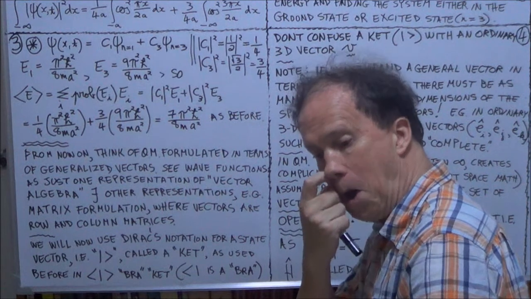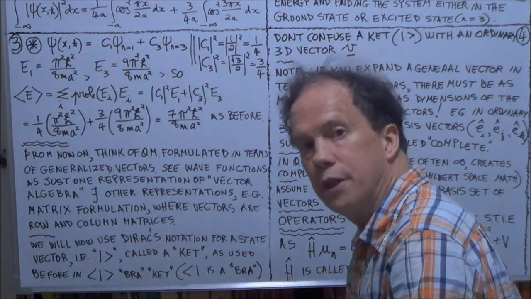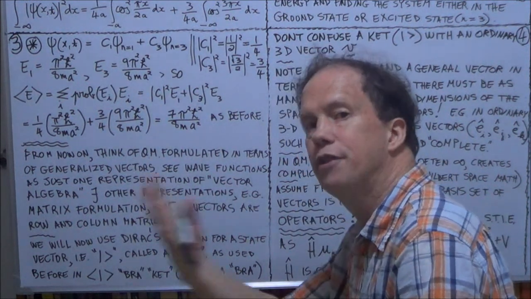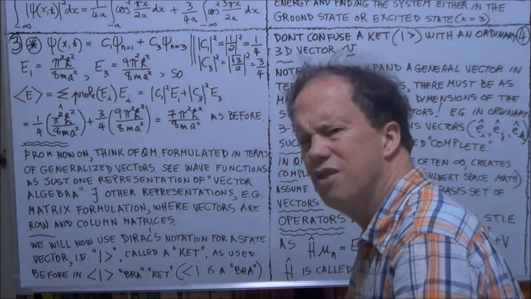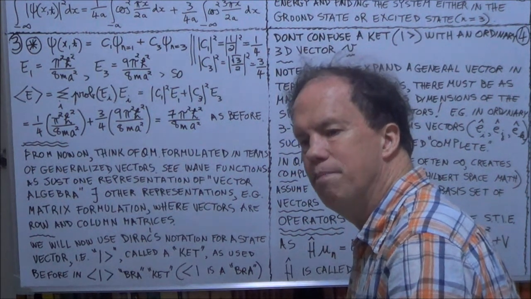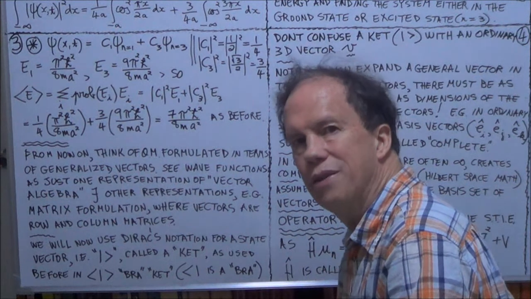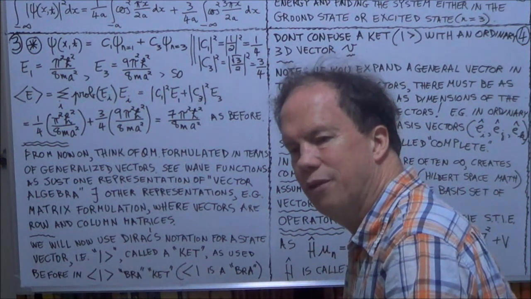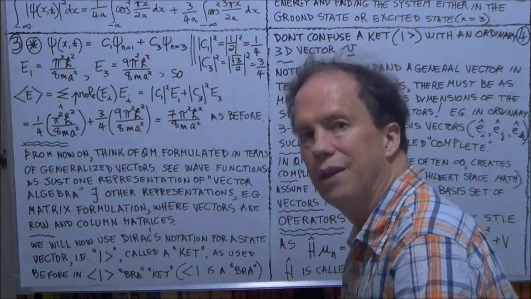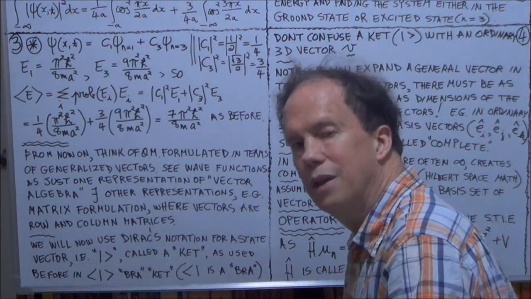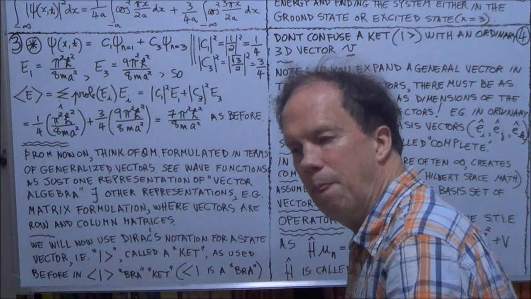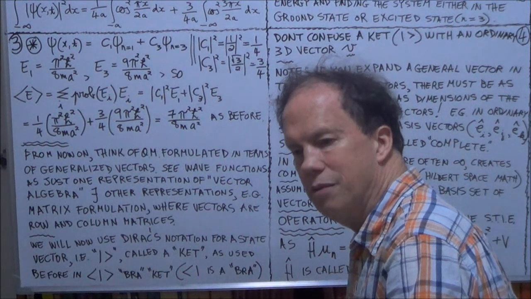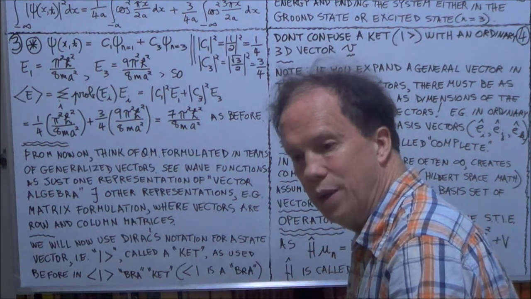If you look at the history of the development of quantum mechanics after Bohr, the Bohr model, say 1913 or so, was a mishmash, a mix of new quantum thinking and old classical mechanical thinking. The real quantum mechanics really got going in the 1920s.